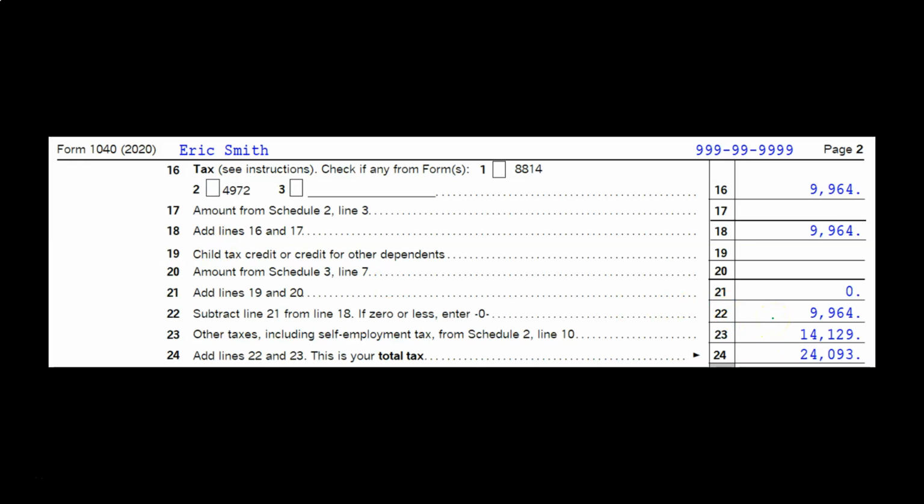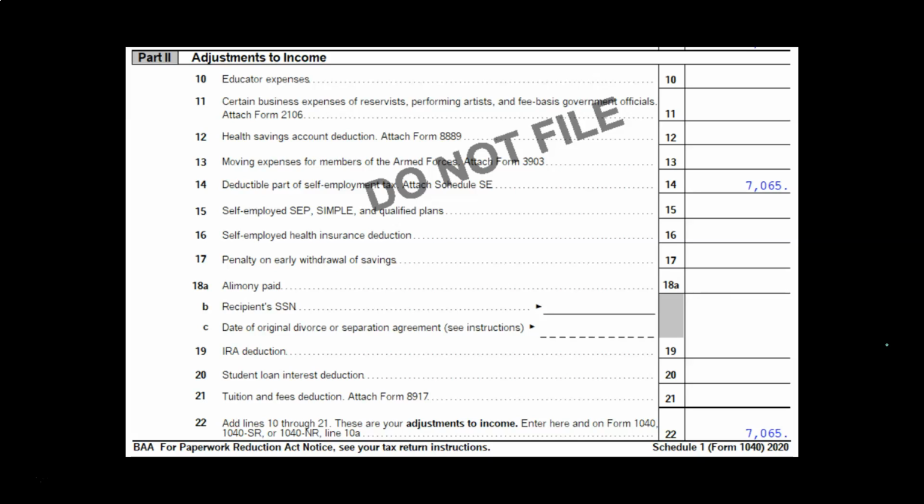So this was the federal income tax, and now we have the 14,129 self-employment tax as well, which is obviously a significant increase to self-employed businesses, and also often a source of pain when they do their taxes, because it can be a little confusing.